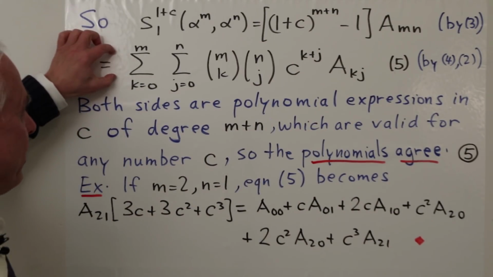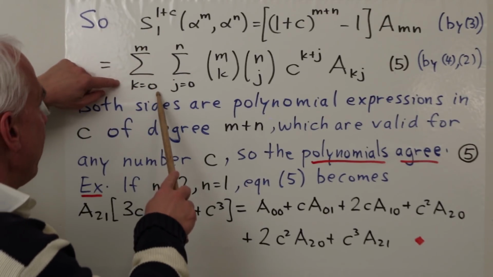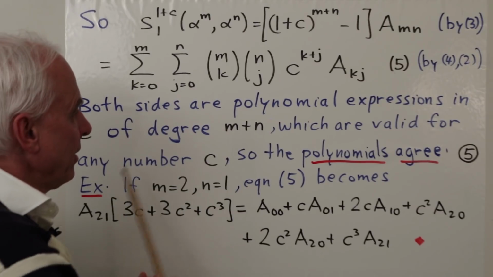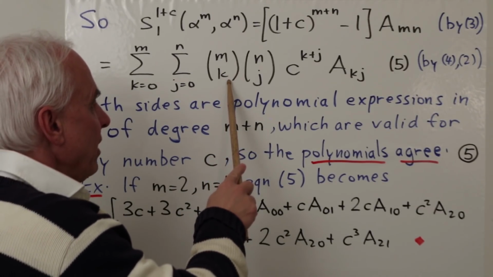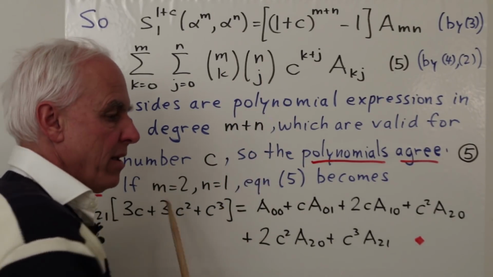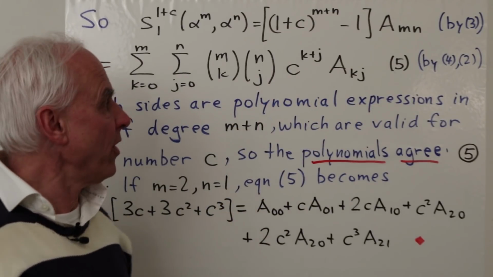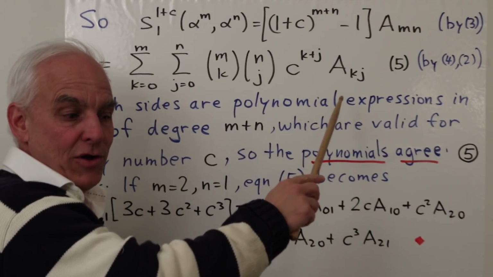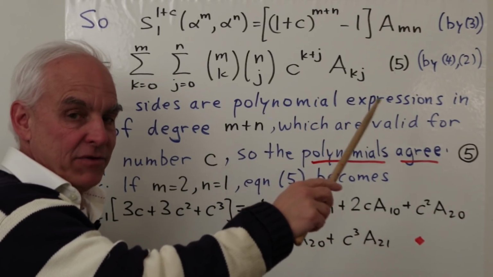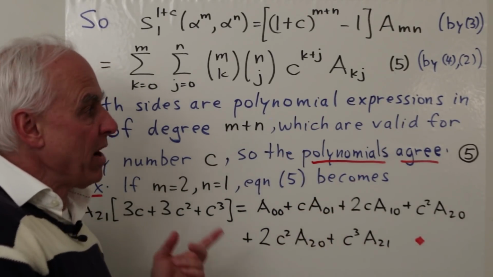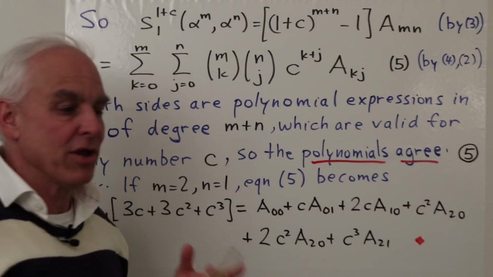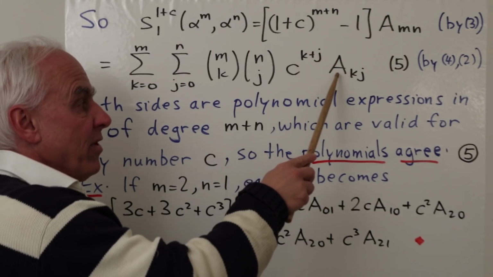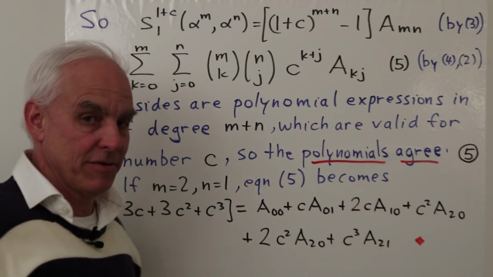And the other one was the summation, so summation k equals 0 to m, summation j equals 0 to n, m choose k times n choose j. Then what was over here was the signed area from 0 to c of the curve alpha to the k, alpha to the j. But by equation 2, we can rewrite that as c to the k plus j times a sub kj.